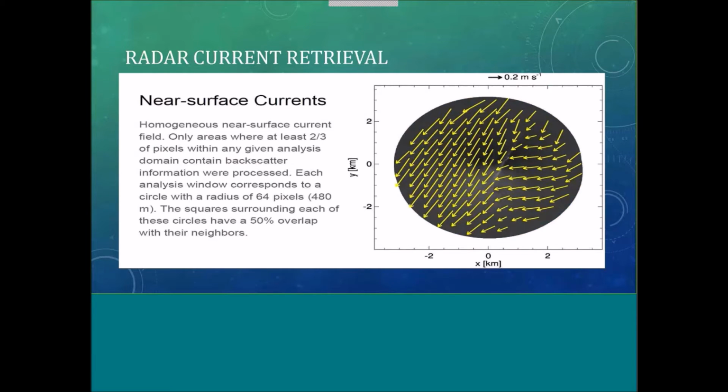And with this, using a similar technique to the polarimetry I was talking about, you can map the near surface currents, about the upper meter or so, from a radar system. Even though we put the antenna up higher, it's a different antenna than the ship was using for its navigation, it is essentially the same type of technology.